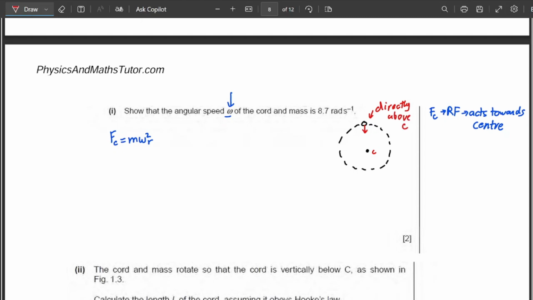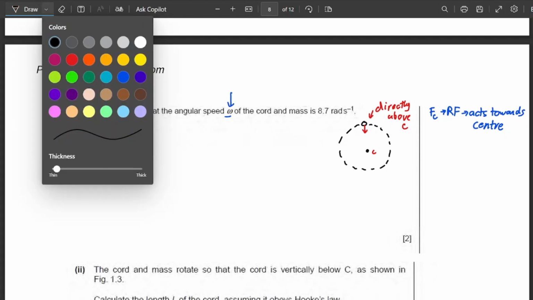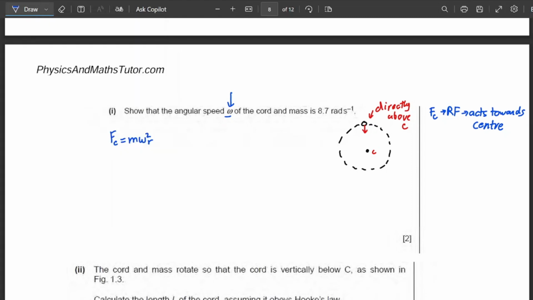Now, is there another force acting on this mass? No, there shouldn't be another force. We're not talking about air resistance. This isn't attached to anything else. It is attached to a string. It's a loose string that this mass is attached to. But we know that that cord is loose, and so that means there's no tension or force in the string. So the only force acting on this mass is its weight. And is it pointing towards the center? Yes, it is pointing towards the center.